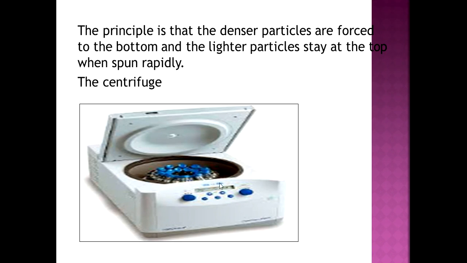When the centrifuge is set to rotate at a very high speed, due to the centrifugal force as the rotor causes the tubes to rotate, larger, denser particles settle out first out of the solution, while the less dense ones remain in suspension. That is the basic principle of operation of a centrifuge.